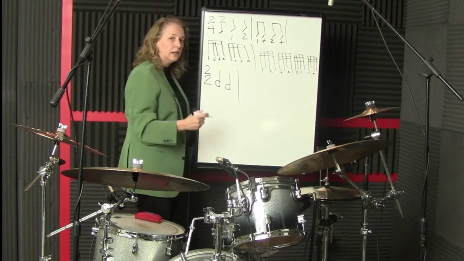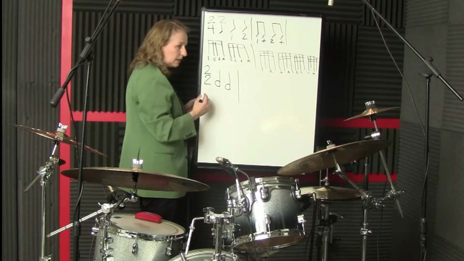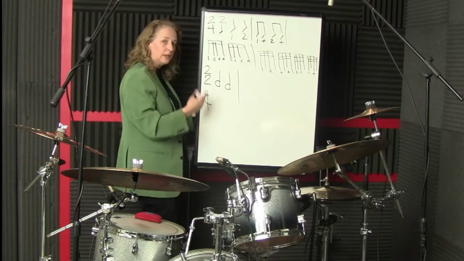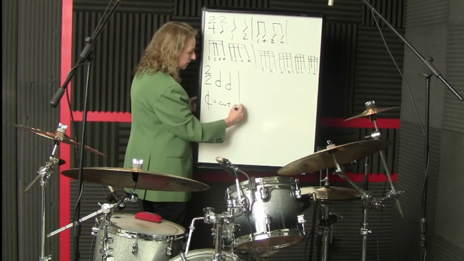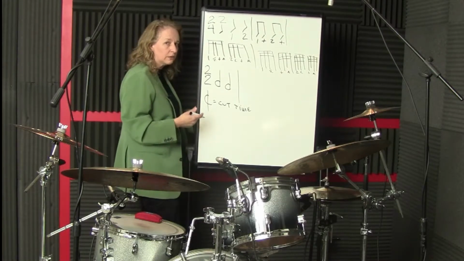Now, by the way, as a side note, this is also illustrated many times like this. It's like a C with a line through it. This is referred to as cut time. And it is cut time. But you can also say it's 2 over 2.